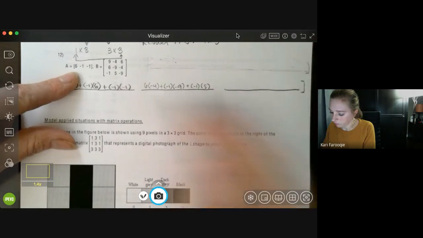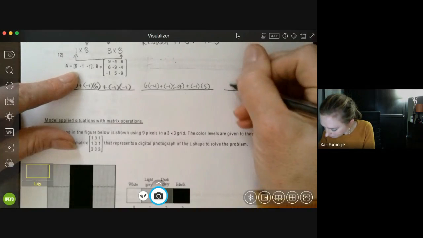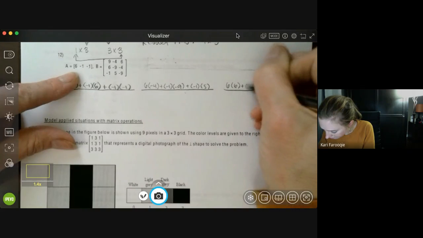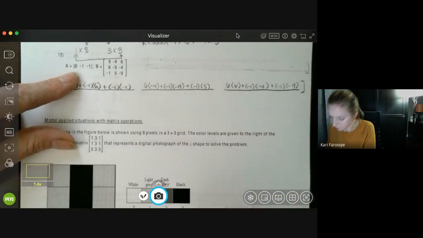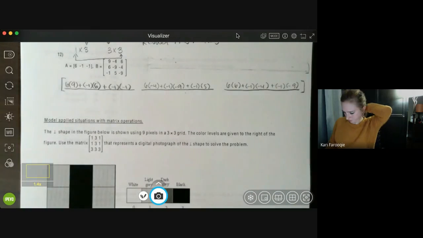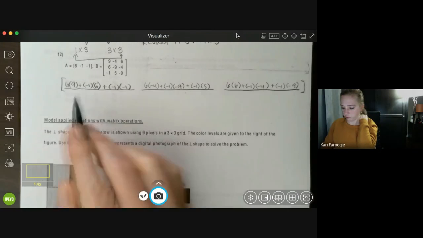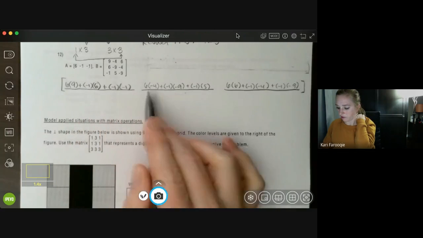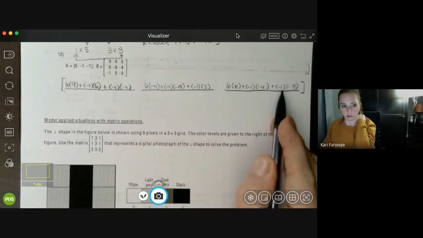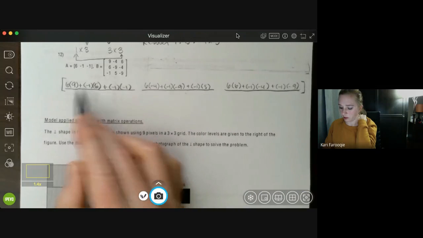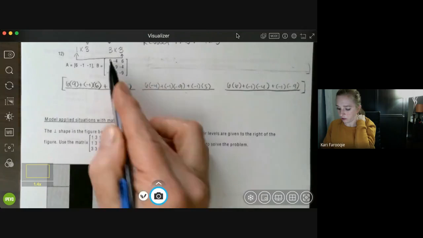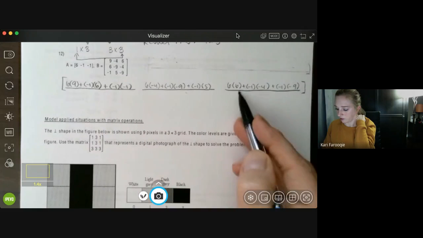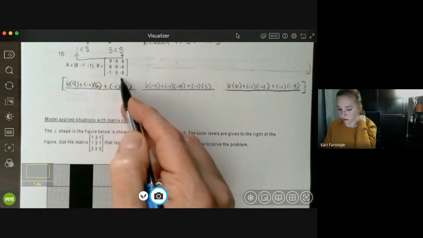Now for the first row, last column. We have this. And again, you're going through and noticing 9, 6, -1. Good. -4, -9, 5. Good. 6, -4, -9. Wonderful.